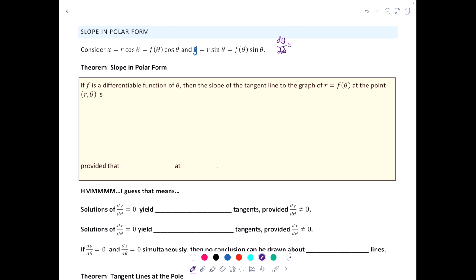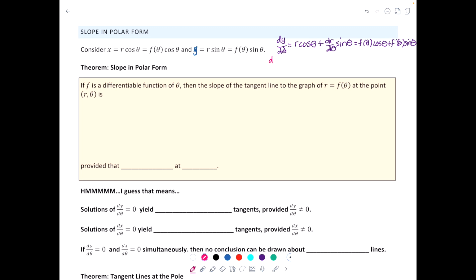So dy d theta would be r cosine theta plus dr d theta sine theta. And if you wrote it in terms of f of theta, you would have f of theta times cosine theta plus f prime of theta times sine theta. Cool, cool?